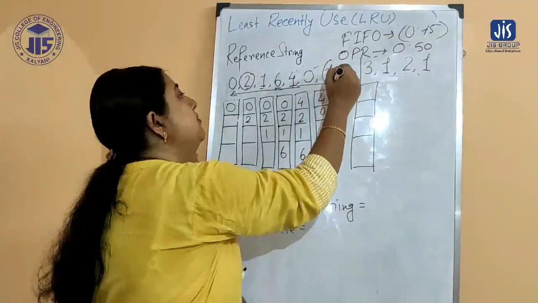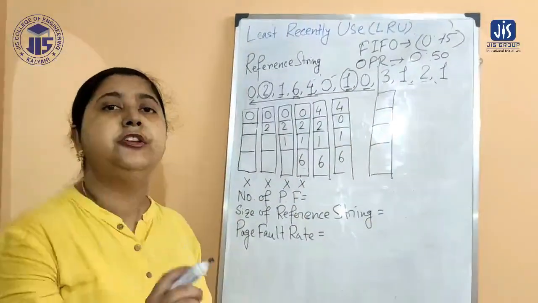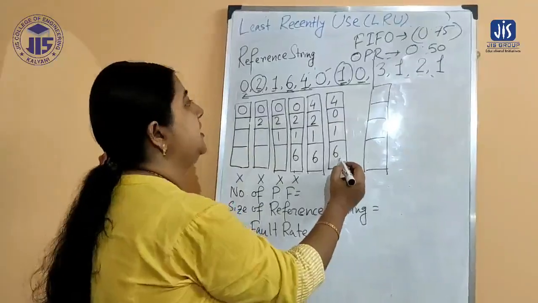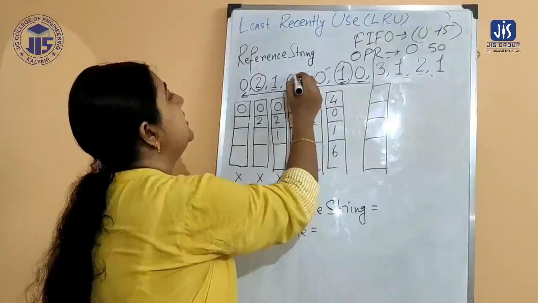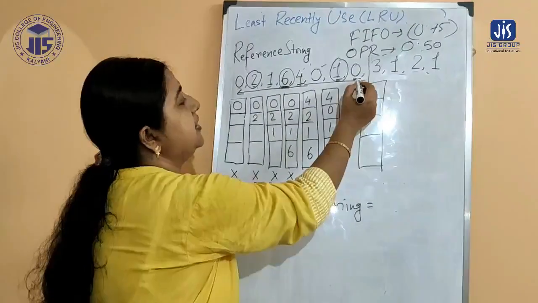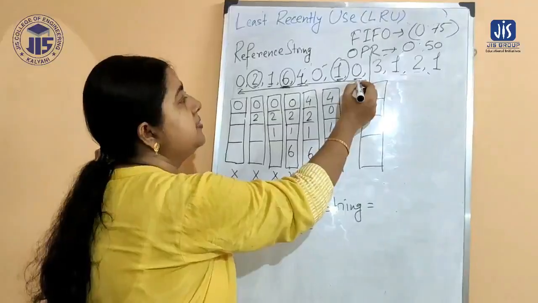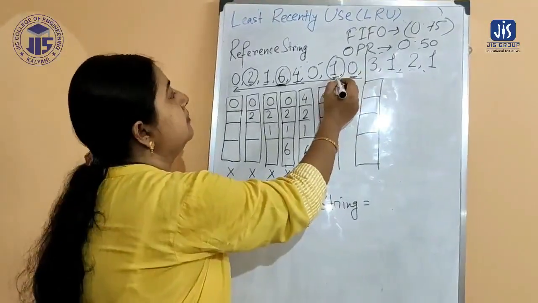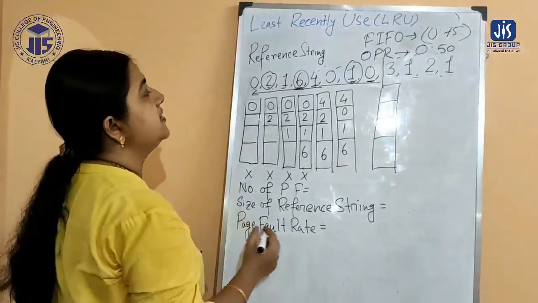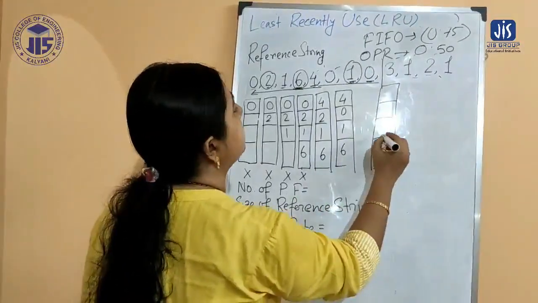Because 1 is used here, I cannot replace 1. From all these pages, 6 is the least recently used. You can see 0 is used here, that is the most recently used. Then 1, then 4, then 6. So 6 is the least recently used. So 3 is going to come here.